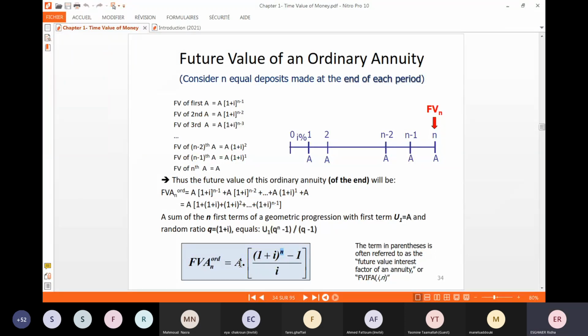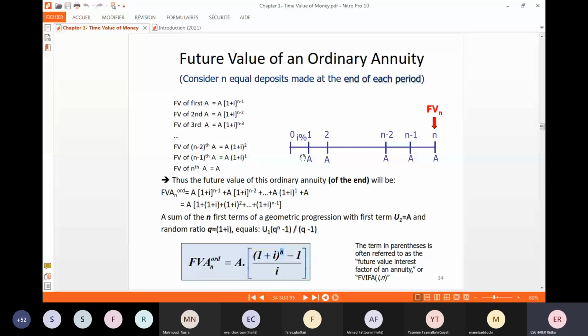So, for example, you can eliminate the first A or the second or both. If you eliminate the first A, the number of A's will be n minus 1 A's. Just replace in this formula n by n minus 1, the number of A's. It's not the date. The future value date will not change. The future value date coincides with the date of the last deposit. So n here is not the date. N represents the number of A's. How many A's do we have?